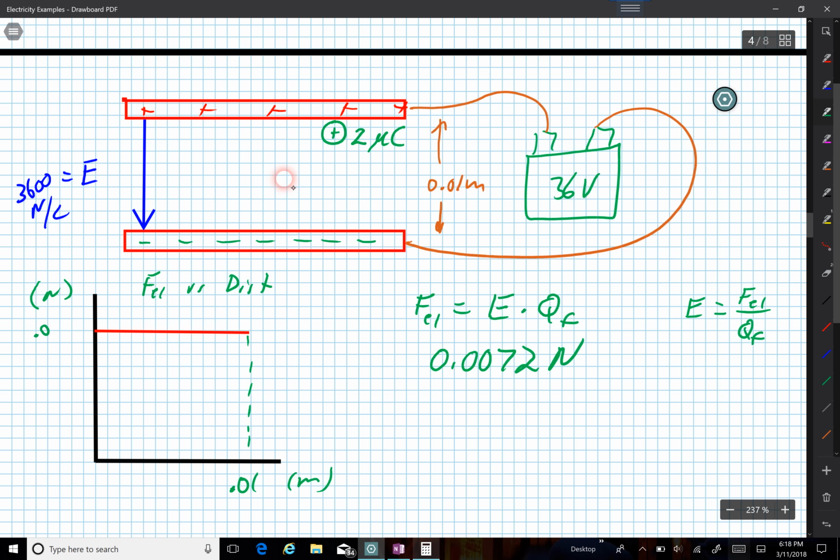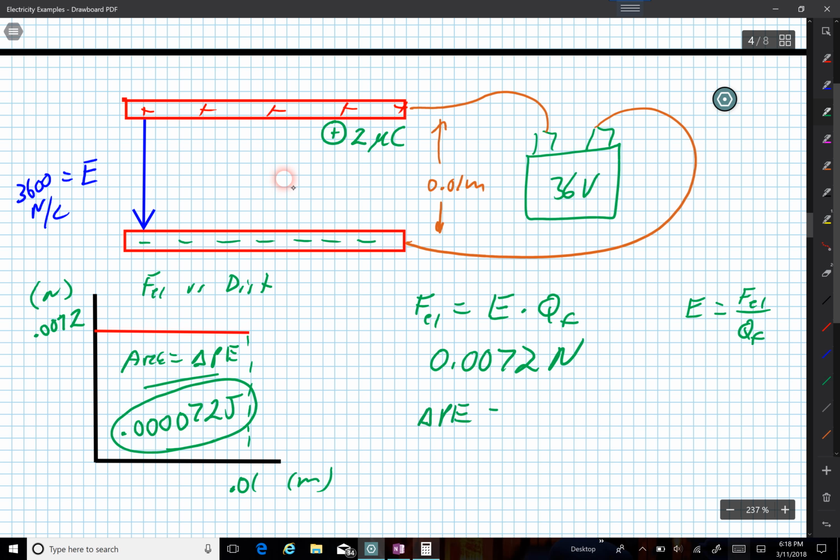So that's what's here, 0.0072 newtons. And the area equals the change in PE. So if I were to calculate and multiply, I would get 0.000072 joules.